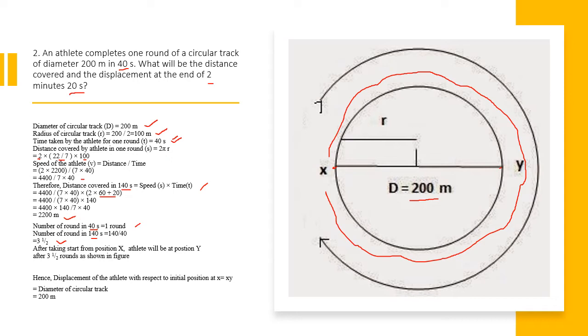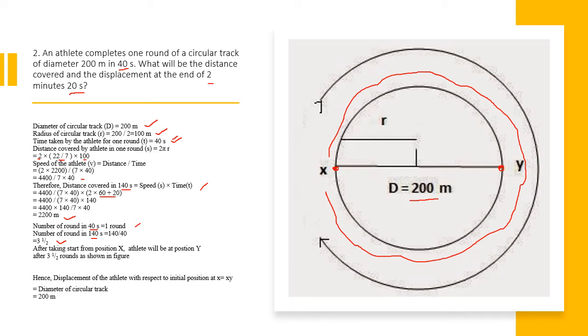Then what is the displacement? What is the definition of displacement? The shortest distance covered by an object, right? So this is your initial point x and the final point is y. In the first round he will complete one complete rotation and again reach x. In the second round again he will reach x. And in the third round again he will reach x. And then the third and a half, right?